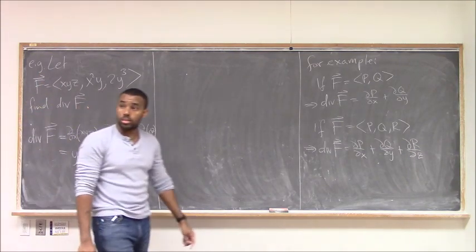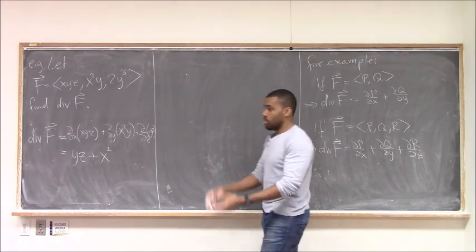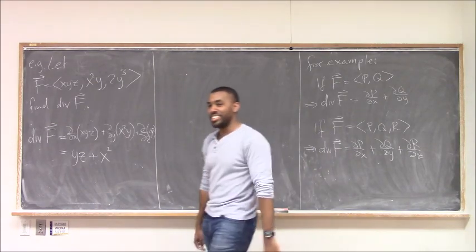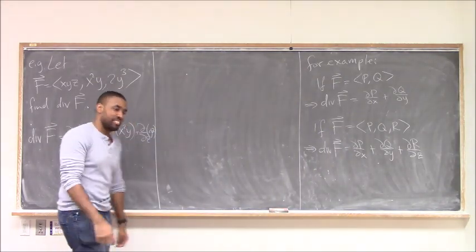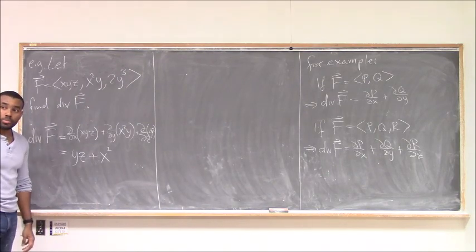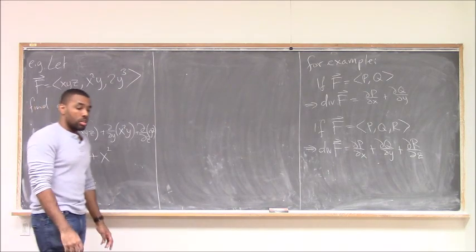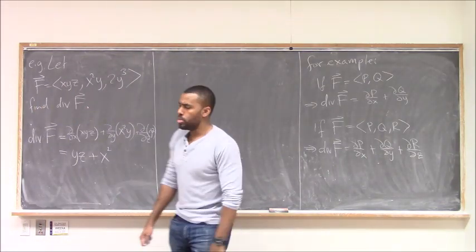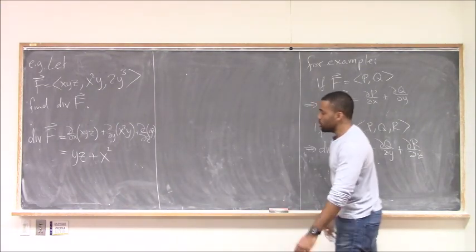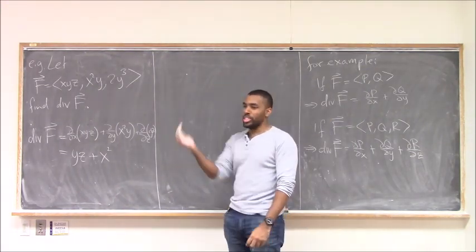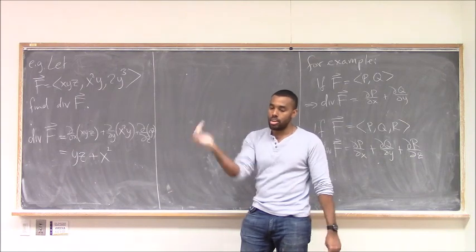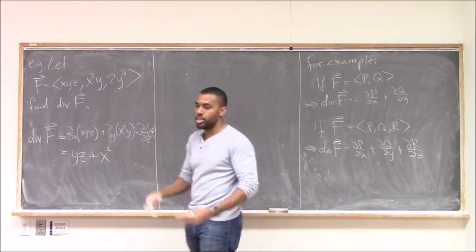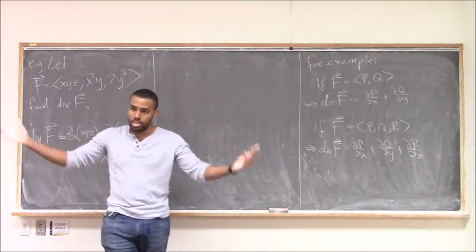What application does this have? We'll get to that towards the end of the section. This is not the same as divergence as in equals infinity. No, it's a completely different thing. But the names do have something to do with it. So curl you can think of as curling. It talks about the rotation of a system. Divergence is like spreading out. It talks about the spreading out of a system.